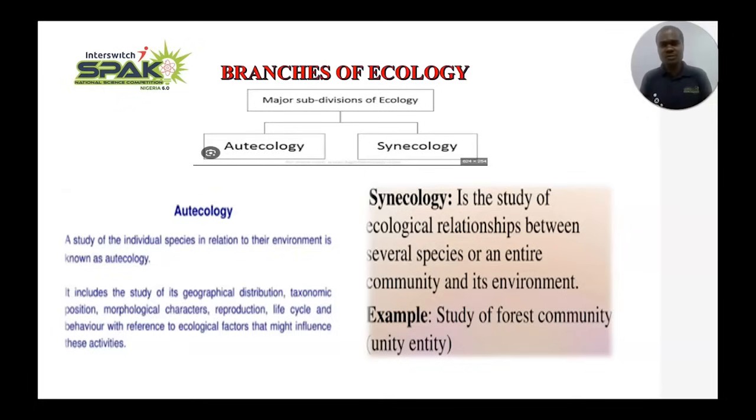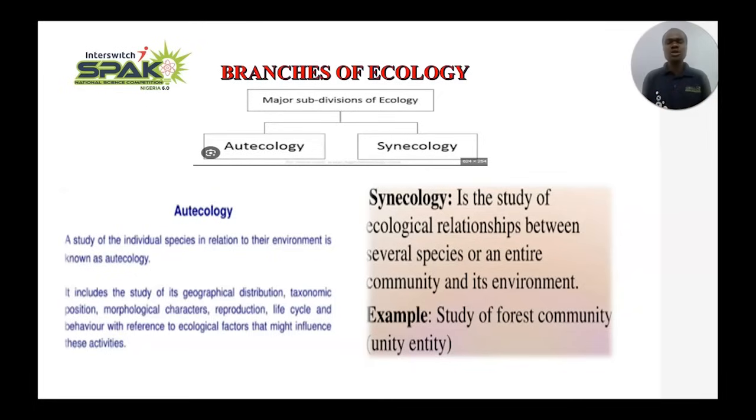Here I've already made mention of three different species: the female Anopheles mosquito, Plasmodium falciparum, and the human species. These are three different species that could form a community. In this case, what we are studying is synecology.